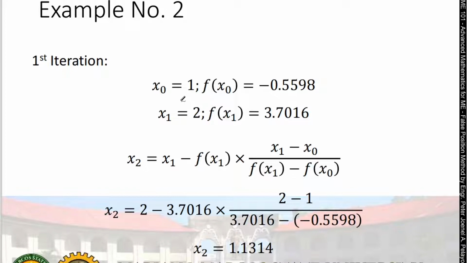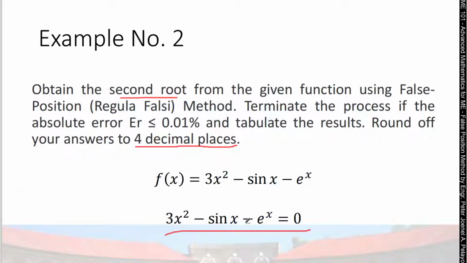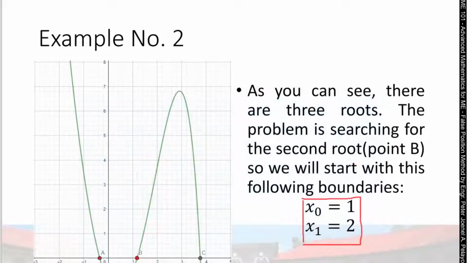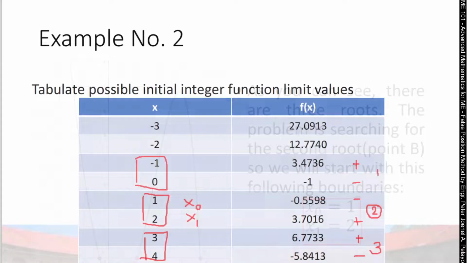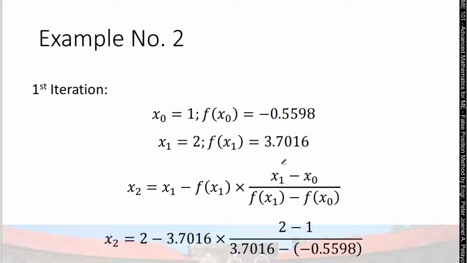We substitute our x values into the function, 3x squared minus sin x minus e raised to x, with the problem being the function equal to 0. We substitute 1 and 2 into the function, but we already got them earlier, which are negative 0.5598 and 3.7016. Those are our f(x0) and f(x1).